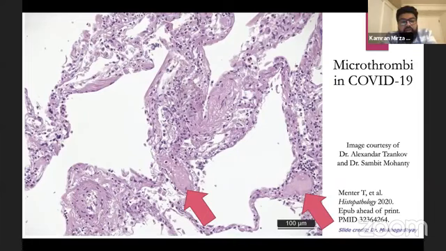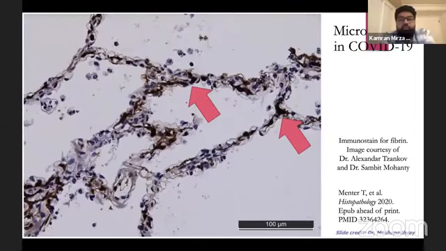You can see that the red arrows are showing you fibrin clots. These are vessels within the lung that have been filled up with this fibrinous material, which are the fibrin microthrombi. If you use an immunohistochemical stain against fibrin, you can see here that all of the brown within the capillaries is showing you the significant microthrombi that are stuck in the thin capillaries and these alveolar septae.